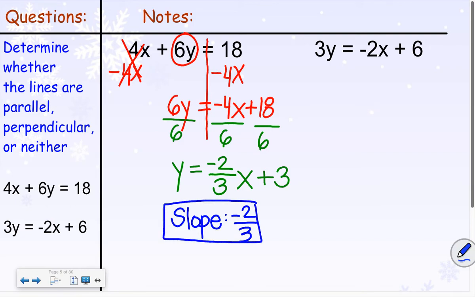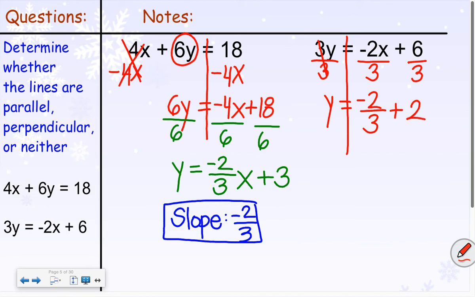Now let's look at the slope in our second equation. Now this one just has 3y on the left side, so the only thing I have to do in this one is divide. I don't have 2 steps, I just have the 1 step, just the dividing. So my slope in this second equation is -2/3.